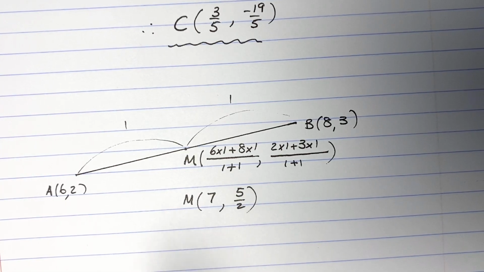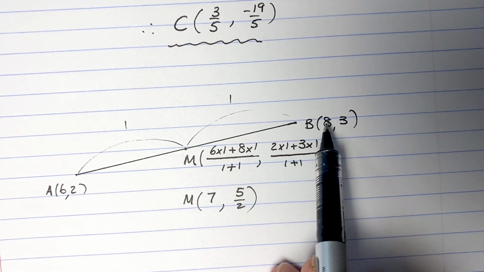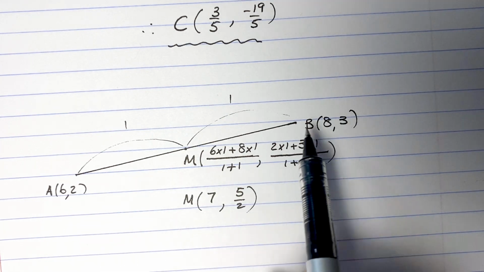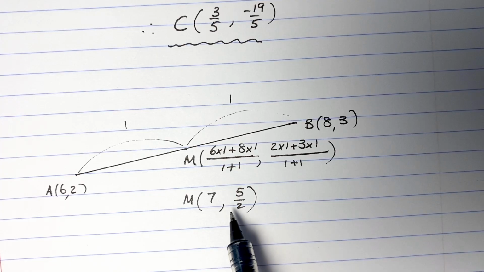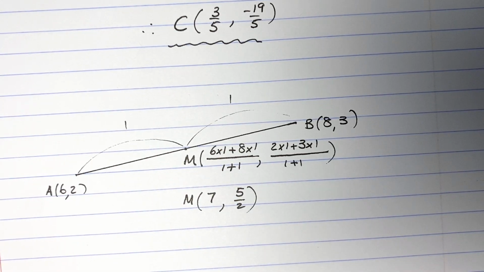Which is exactly the same as adding the x coordinates, 6 and 8 divided by 2, and 2 and 3 divided by 2. So that formula applies to all ratios, including the midpoint.